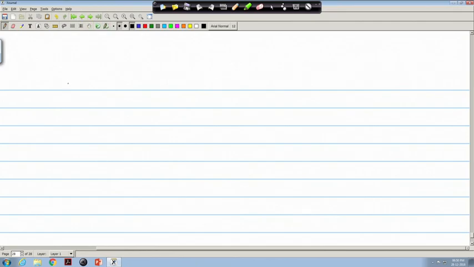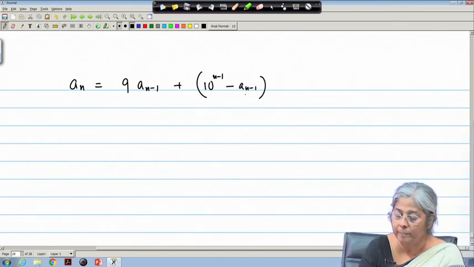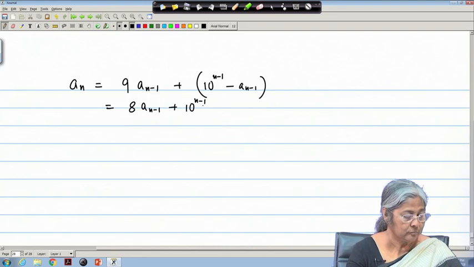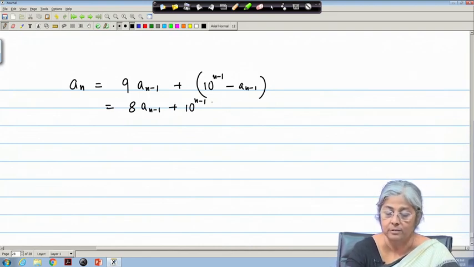So, my An becomes 9 An minus 1 plus 10 to the power n minus 1 minus An minus 1, and this gives me 8 An minus 1 plus 10 to the power n minus 1. This is my recurrence relation.